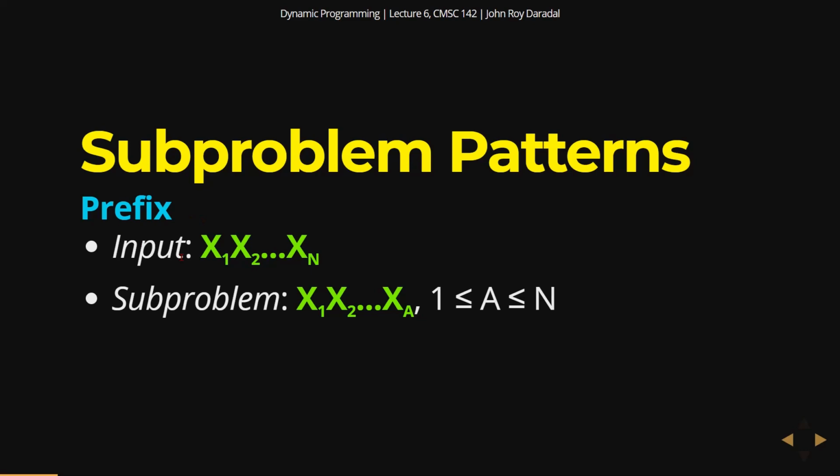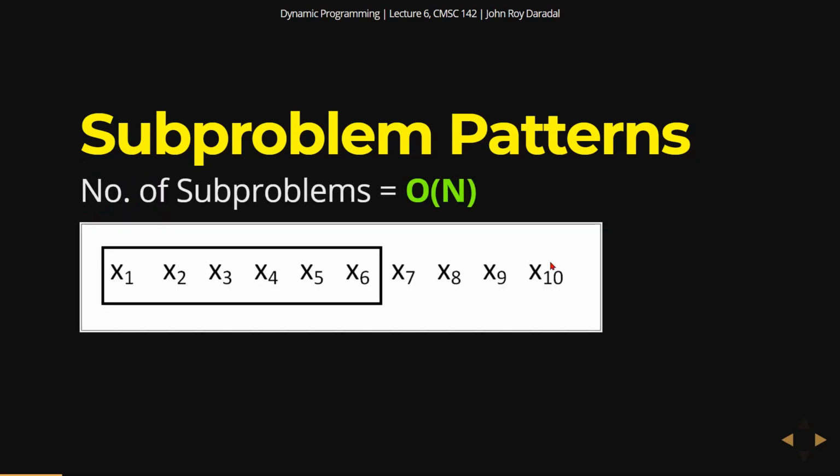So the first is the prefix pattern. So let's say that your input is like a string, or a sequence of items from 1 to n. So the subproblem could be, instead of from 1 to n, it could just be from 1 to a. So prefix, meaning the first a items. Okay, so where a can range from 1 up to n. So it would look something like this.